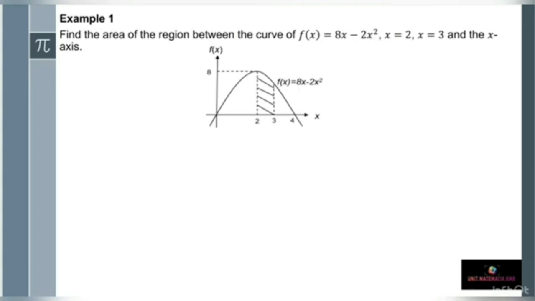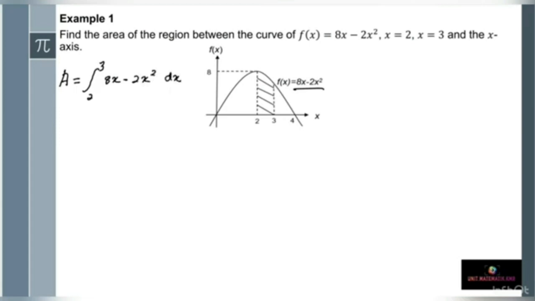A equals integration from 2 to 3 of 8x minus 2x squared with respect to x.